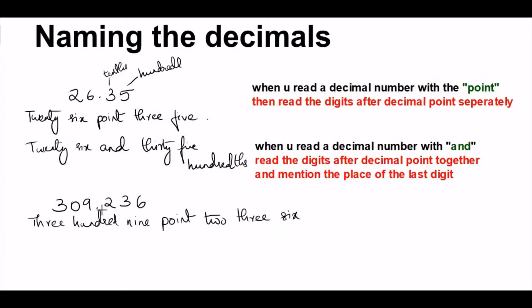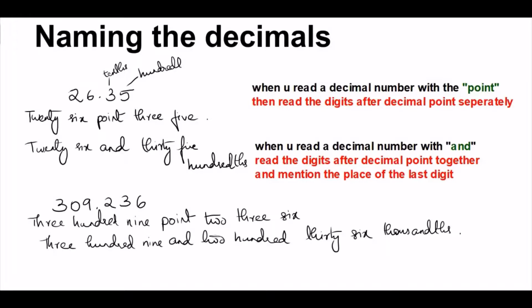That is, we will read the digits after the decimal point together and mention the place of the last digit. Here, 6 is the last digit after the decimal point. So, the place of this digit is thousandths. So, we will read it as 309 and 236 thousandths. So, this is how we name the decimals. That is the number name for the decimals.